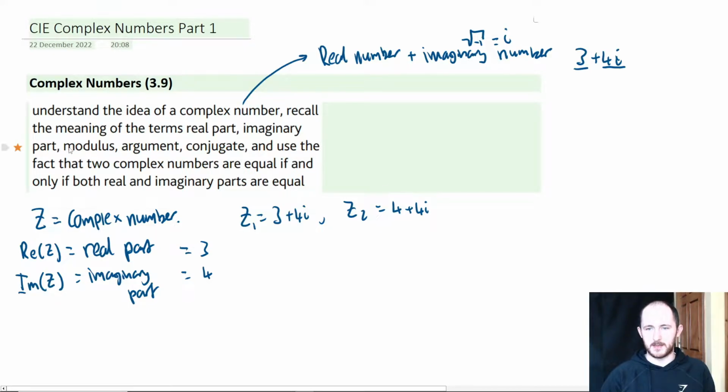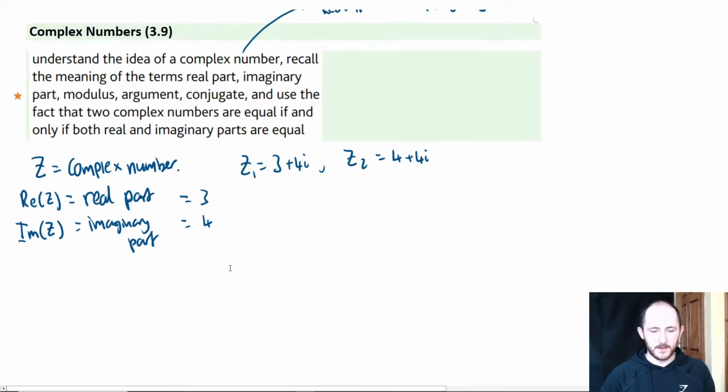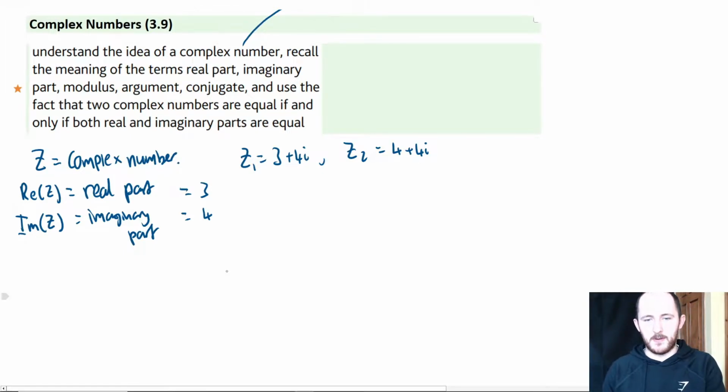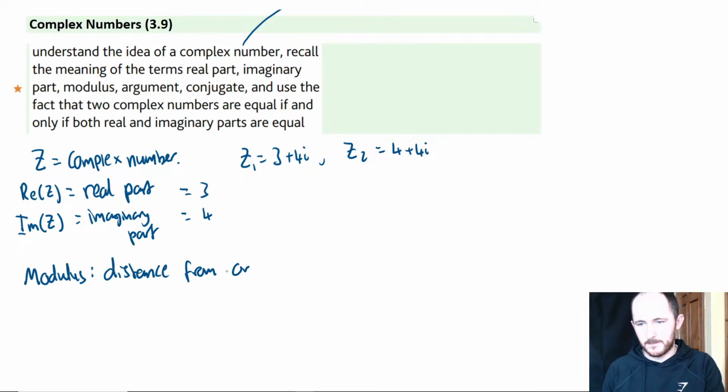So we've done that last bit, so now it's how to work out these three things. First of all, we're going to start with the modulus. Now, I'm going to introduce a term that you may not have seen before, but the modulus is basically the distance from the origin on an Argand diagram.